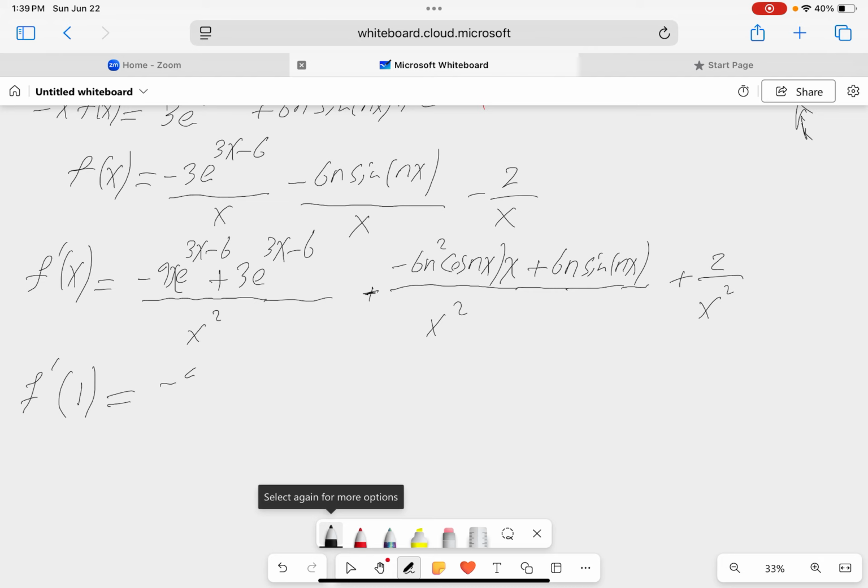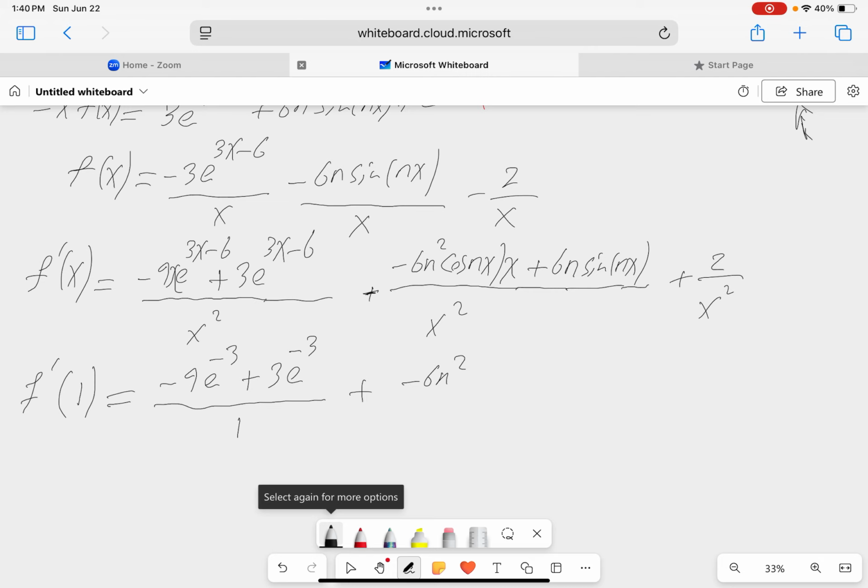So negative 9 e to the power of 3 minus 6, so it's negative 3 plus 3 e to the power of negative 3, divided by 1, plus negative 6 pi squared cosine of pi.